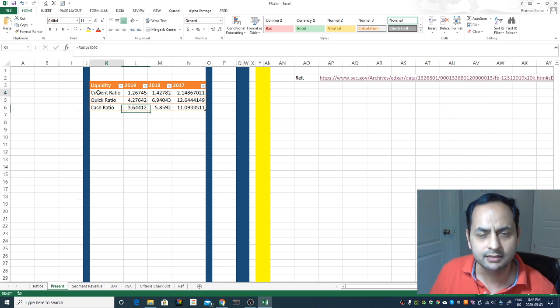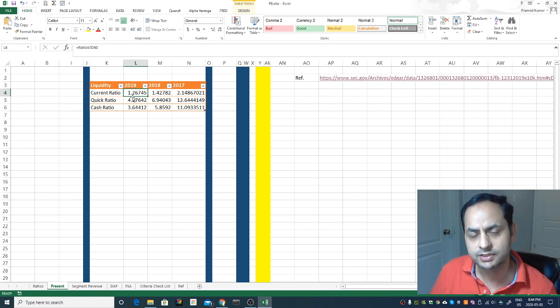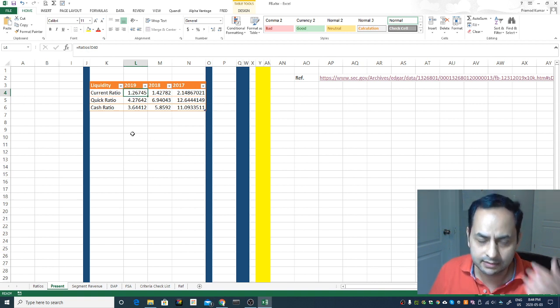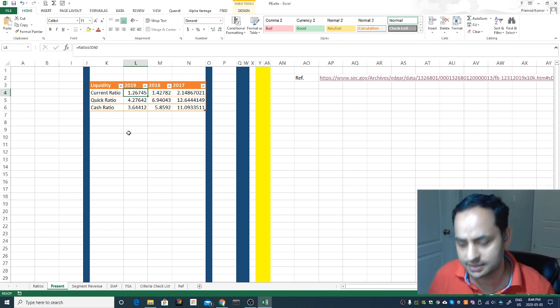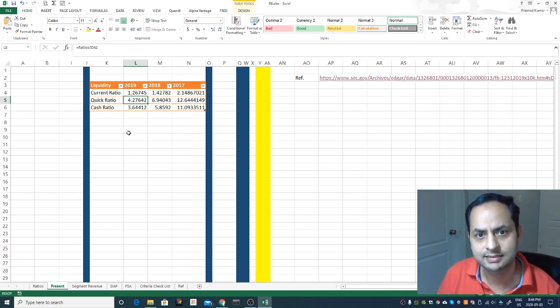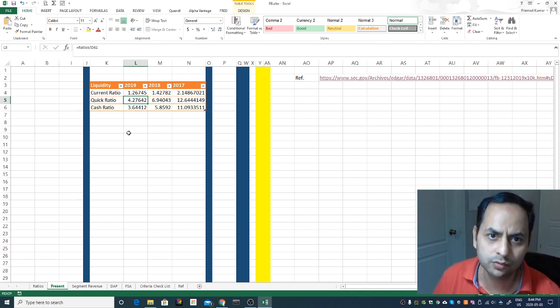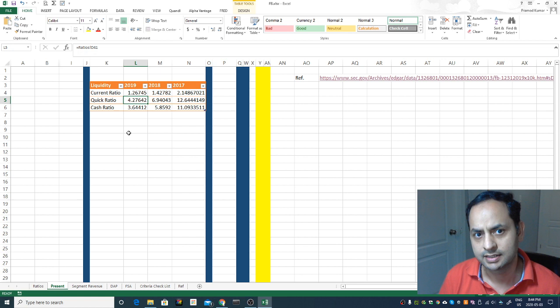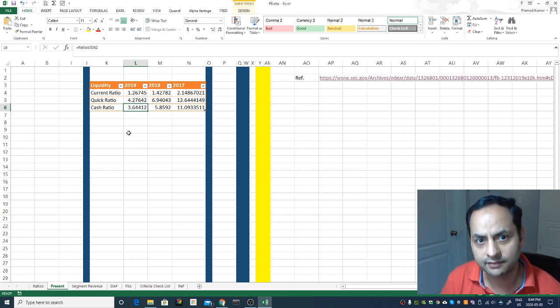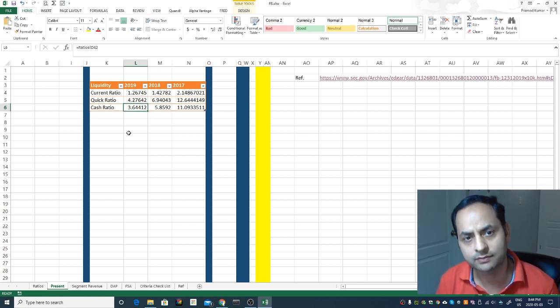Here this is the current ratio, which is very good, over 1.2. The current ratio is the current assets divided by the current liabilities. Next I take the quick ratio, which is over 4, which is amazing. And then if I go more conservative, I'm surprised, a lot of cash.